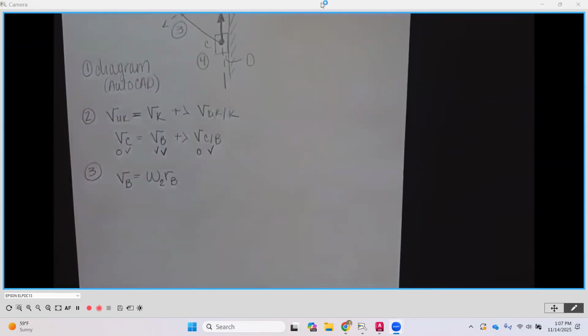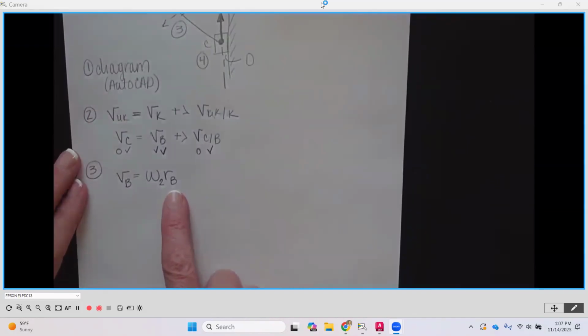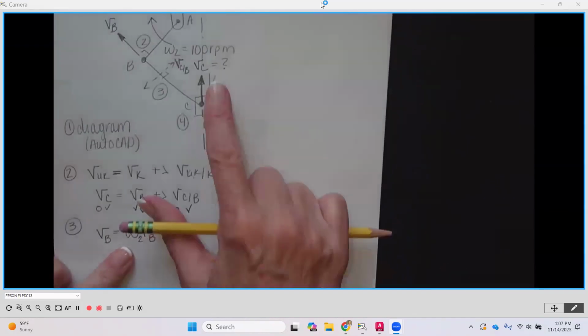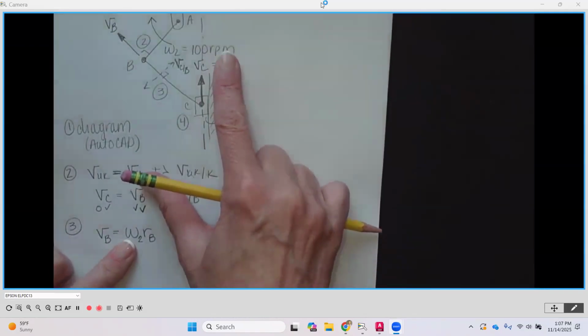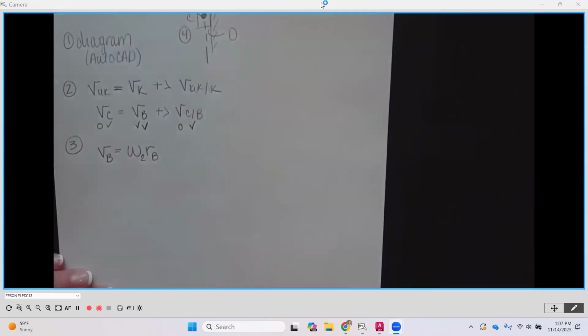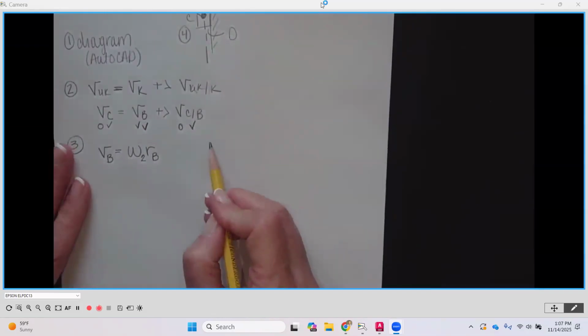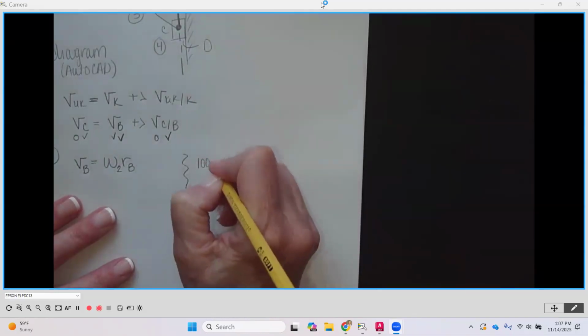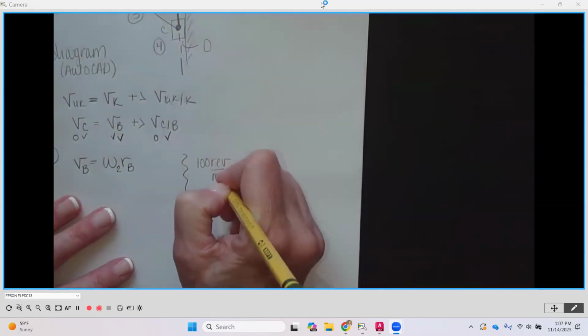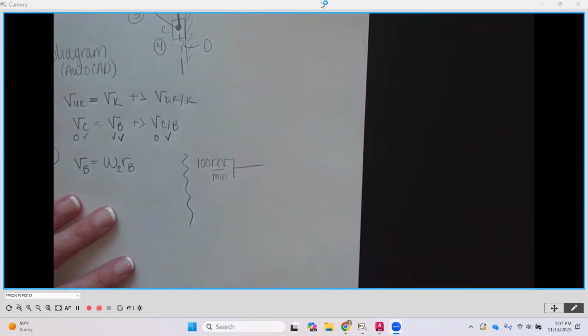Okay. So now what we want to do is input our values. So we know this to be 0.75, and we know the rotational speed is 100 RPMs, right? But we know we can't use RPMs in this equation. We need to change it to radians per second. So I'm just going to do that work over on the side here. We're going to take 100 revolutions per minute, up, down, remember.